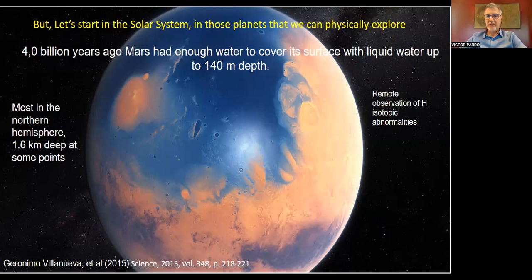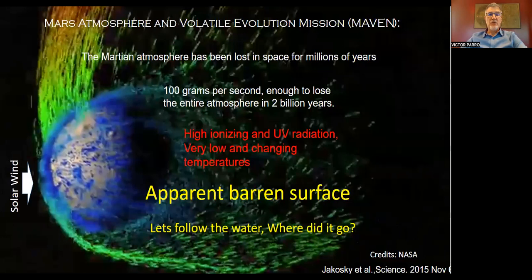Perhaps, who knows, life could have had the opportunity to appear on this planet. But we also know from the MAVEN mission from NASA that the Martian atmosphere has been lost over the past 4 billion years, at a rate of 100 grams per second.